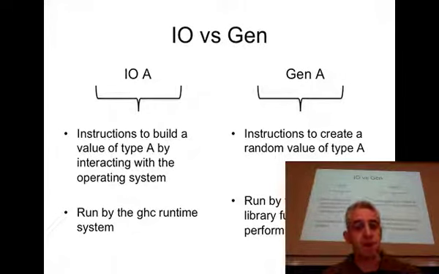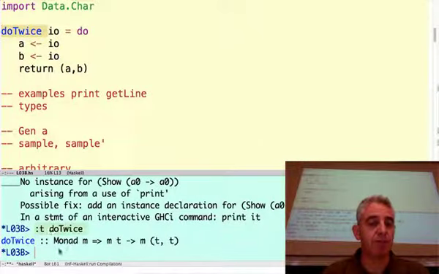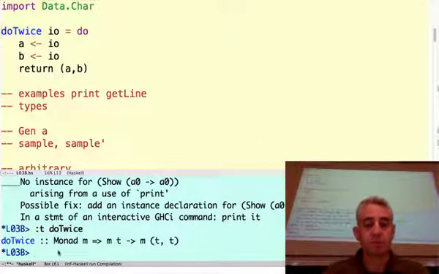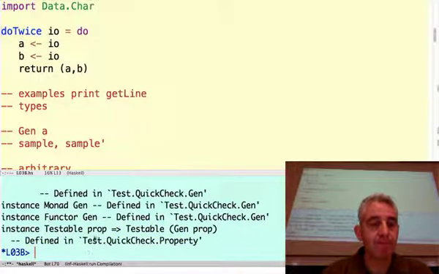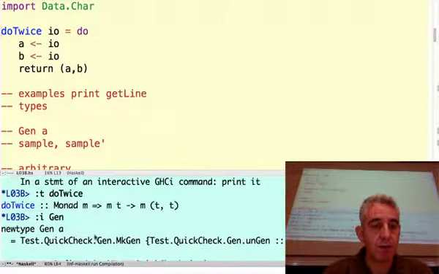All right, let's go back and have a look at some actual examples. So we can ask about Gen, and it tells us a bit of information about where it's defined. But in fact, the way that QuickCheck uses this type is to use a class called Arbitrary.